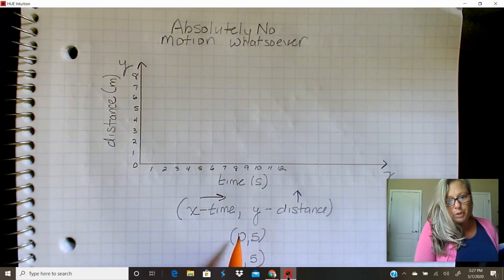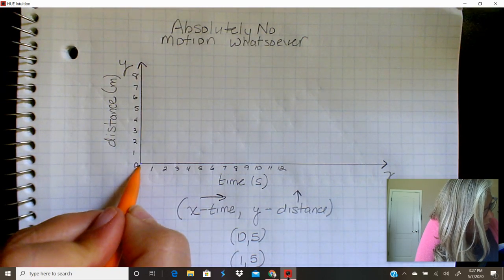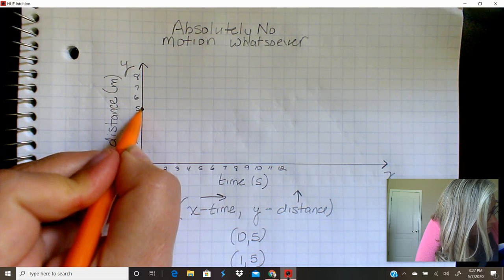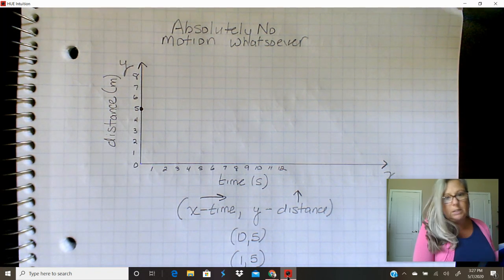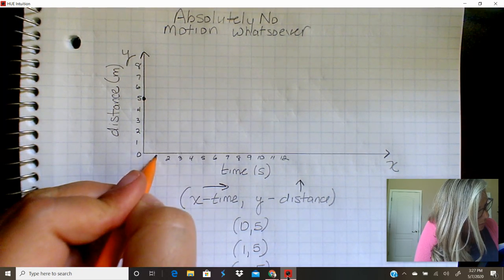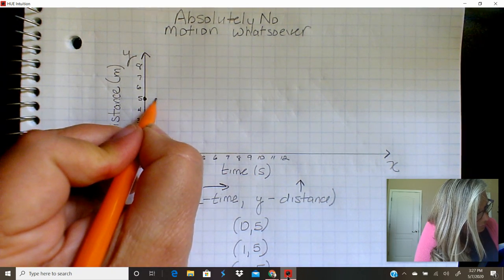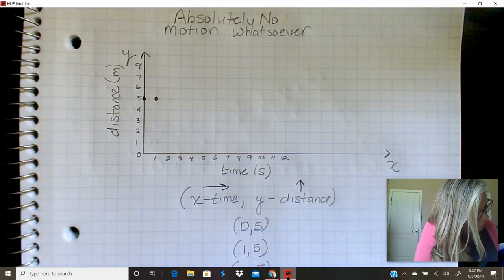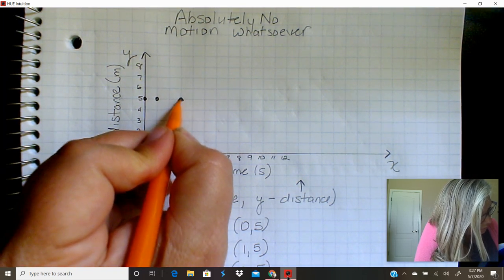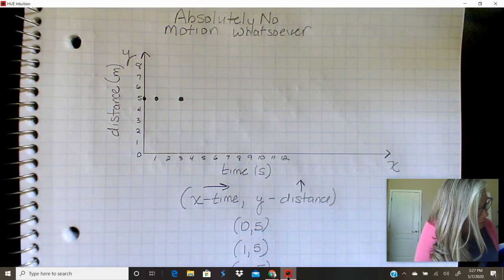All right, so for my first point, it is 0 and 5 is the distance. At 0 seconds, Nick started off at the 5 card. At 1 second, Nick stayed at the 5 card. At 3 seconds, Nick was still at the 5-meter card, in a shocking turn of events.